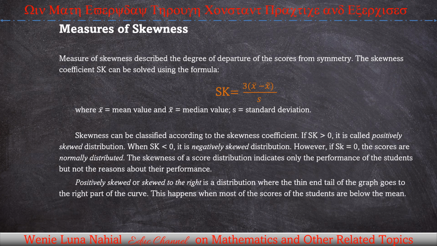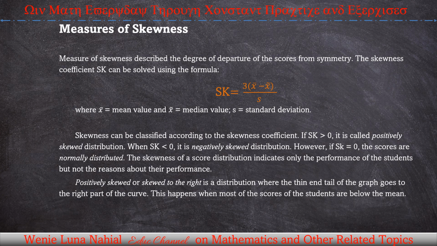Positively skewed or skewed to the right is a distribution where the thin end tail of the graph goes to the right part of the curve. This happens when most of the scores of the students are below the mean.